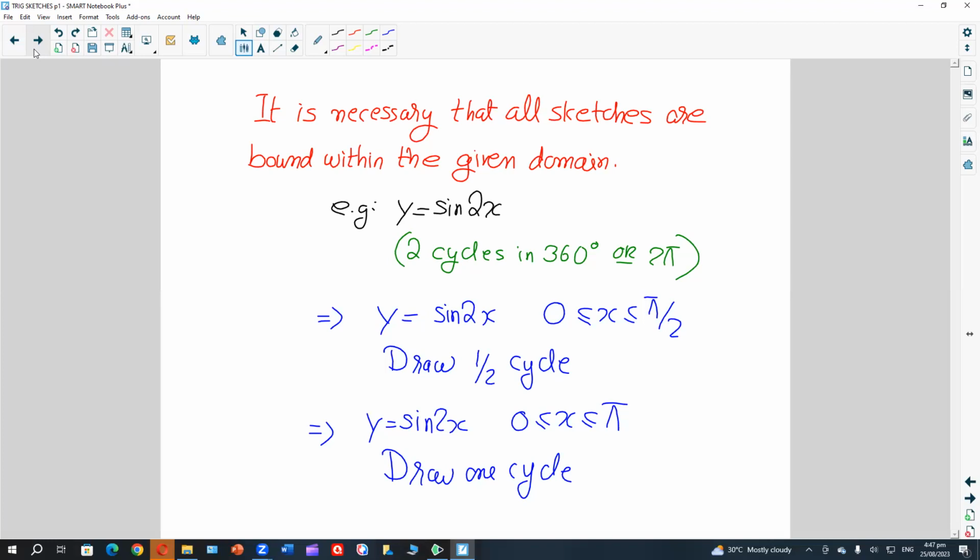I've given some examples: sine 2x with 0 till pi, and sine 2x with the normal 360 range. When it is sine 2x, 0 till pi by 2, you can draw only half cycle, because 2x means 2 cycles in 360. Within 90, there would be only half cycle. A very important concept, you have to copy this.